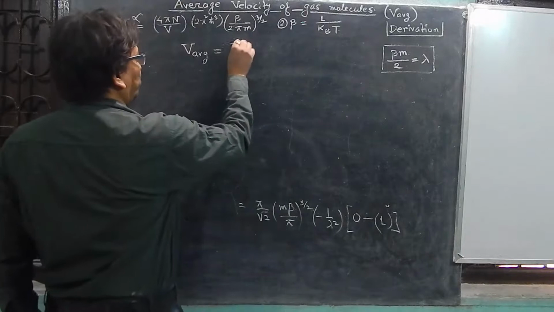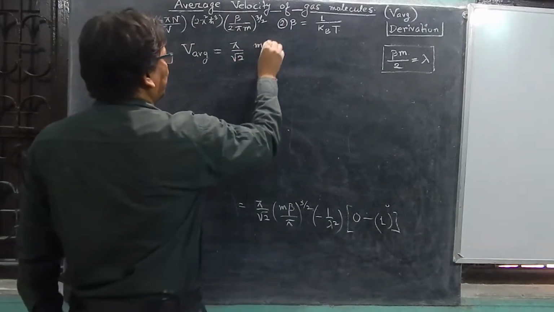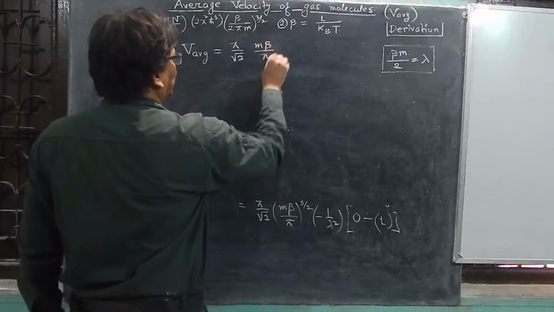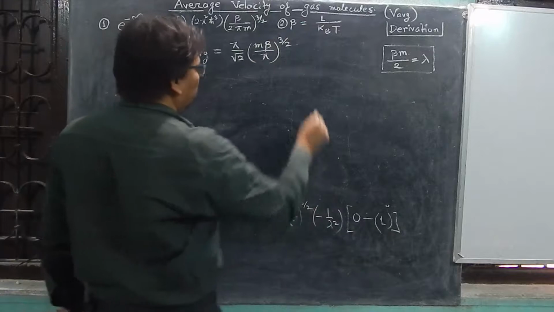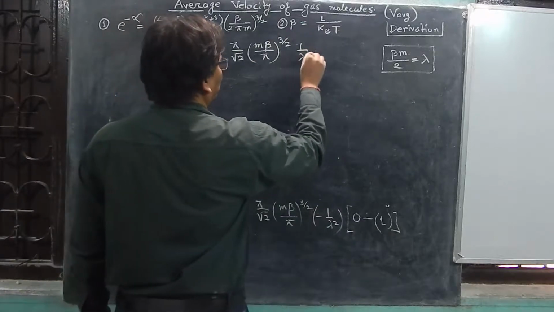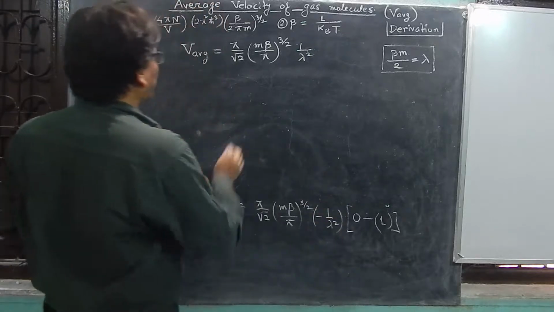So this is giving pi by root 2, m beta by pi whole to the power 3 by 2, and 1 by lambda square. Now I am trying to put all of these inside a square root.